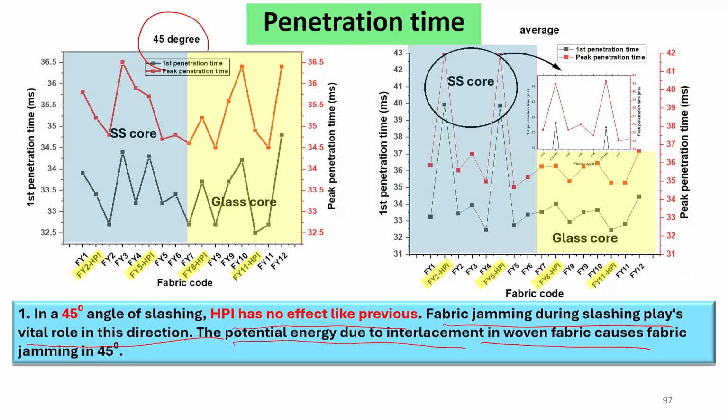So, if you see the overall trend we get on average, the SS core is giving higher fast penetration and peak penetration time with the HPI treated, hard particle impregnated fiber.